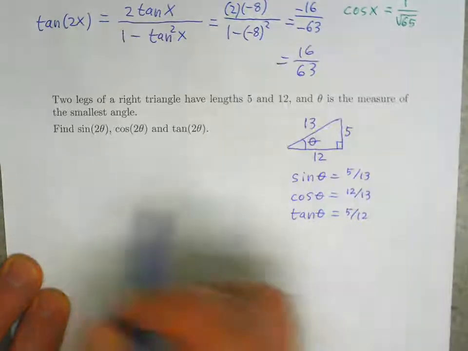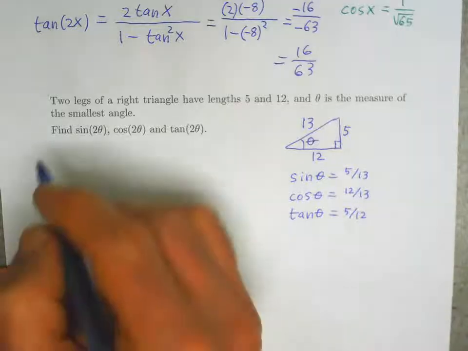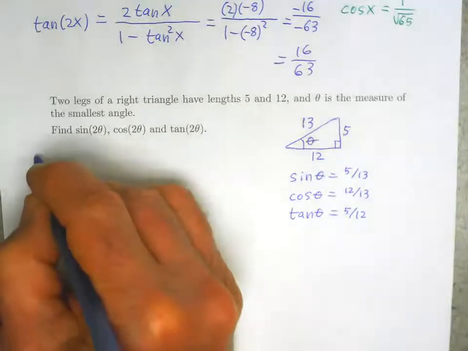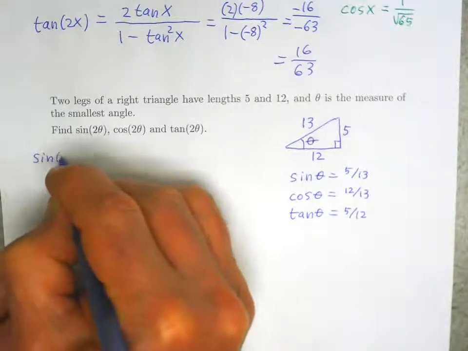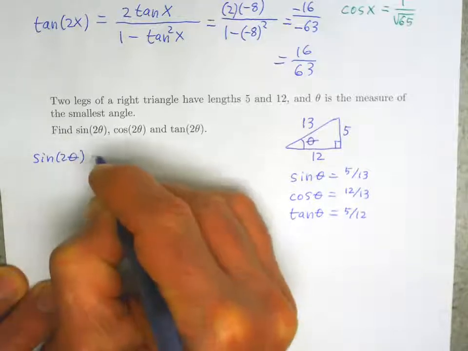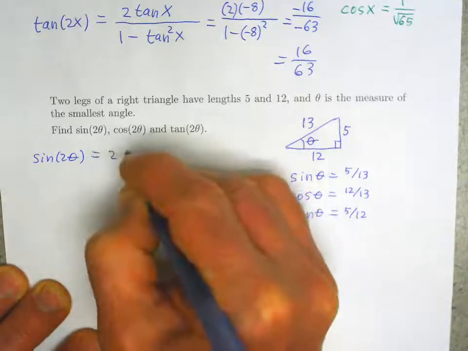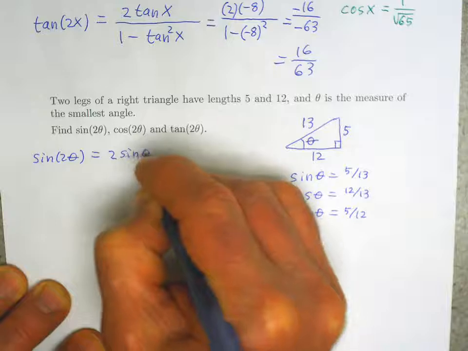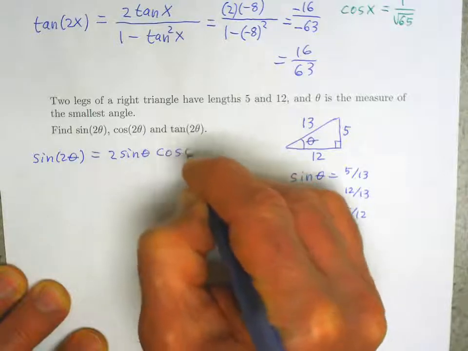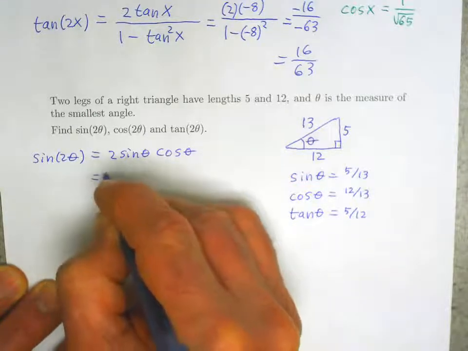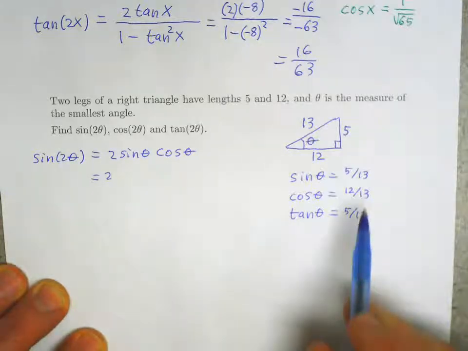Okay, now we're ready to evaluate sine of 2 theta. Sine of 2 theta, that's 2 times sine of theta times cosine of theta. So sine of theta is 5/13.